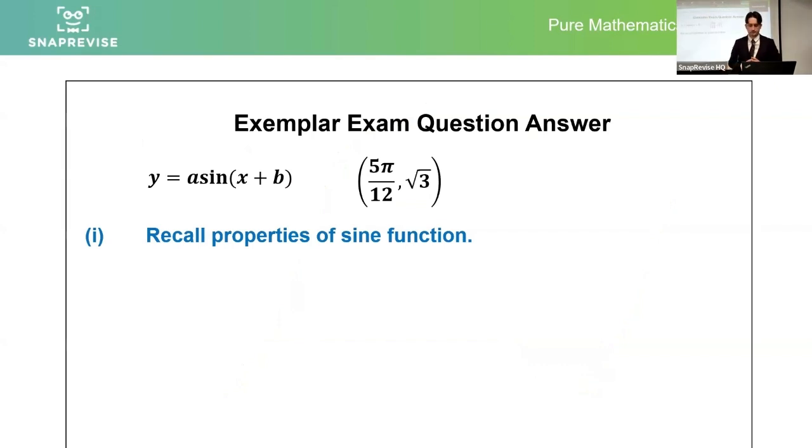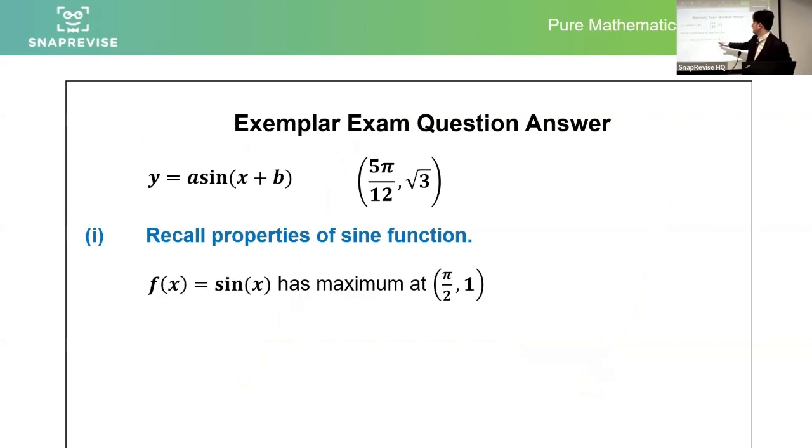So here we go. So y is equal to a sine x plus b, and that's the point we're using. So you can fill this in on either that slide or on the next page, and recall the properties of the sine function. So what we know is that f of x is sine x. That normally has a maximum at pi over 2, 1.